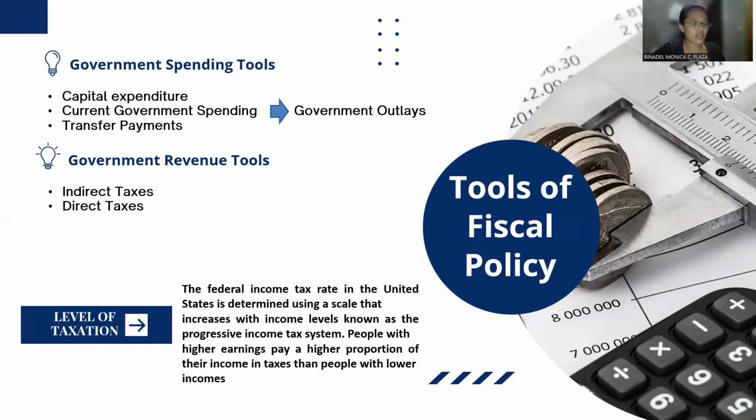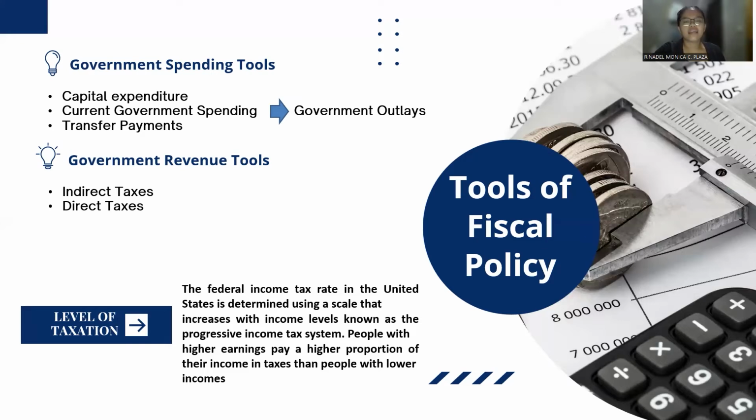The government can affect the economy by lowering income taxes for certain categories of people. The federal income tax rate in the United States is determined using a scale that increases with income levels, known as the progressive income tax system.